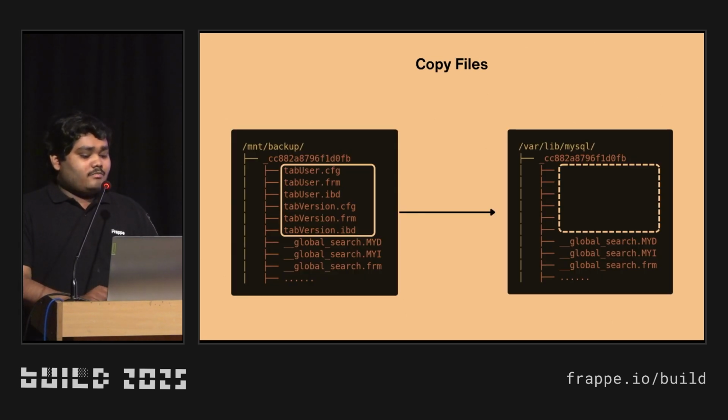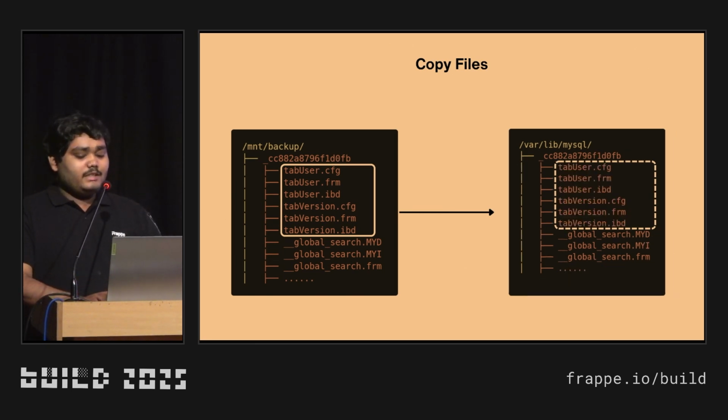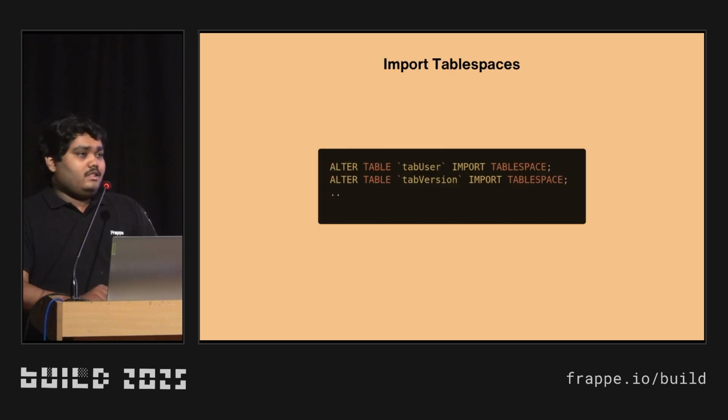Then it's time to copy your files. You don't need to copy the FRM files, just the CFG and IBD files, to your running database. Once you copy those back, you need to run the IMPORT TABLESPACE command. It tells InnoDB that it's time to import the tablespace configuration. It's not that your data is actually getting imported.